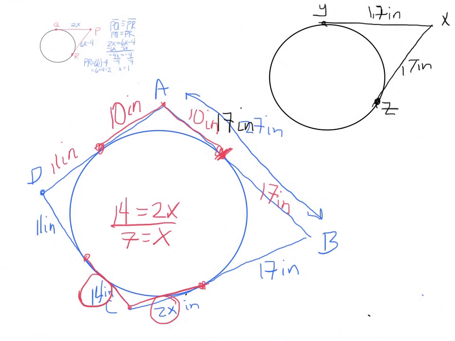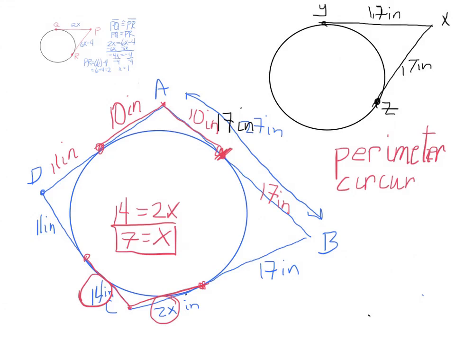And so now I've solved for x. And the other problem we usually are trying to solve here is, what is the perimeter of the circumscribed polygon? And in this case it's a quadrilateral, so what would the perimeter be?